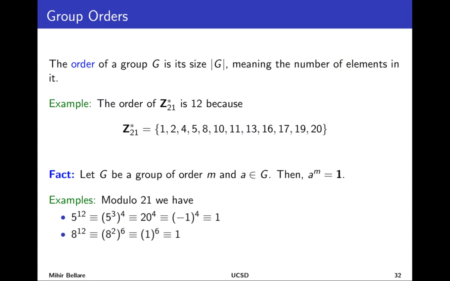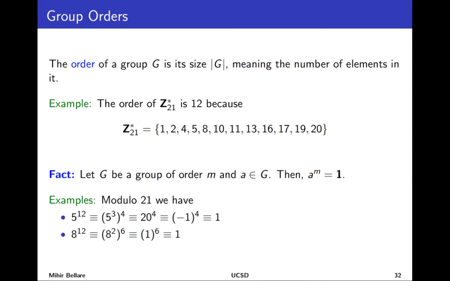If you didn't follow the number theory computation tricks, fine. Just look at the conclusion. 5 to the 12 mod 21 is 1. And that just verifies this. So try another number, 8, raise it to the 12th power, go through the computations, you'll get back 1. And what the fact is saying is that anything in this list raised to the 12th power is 1.